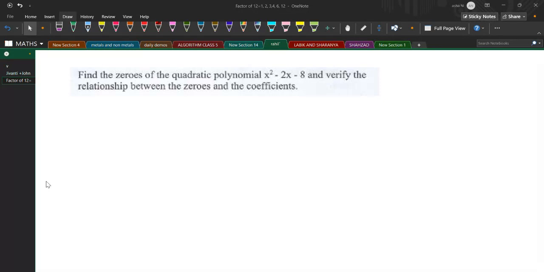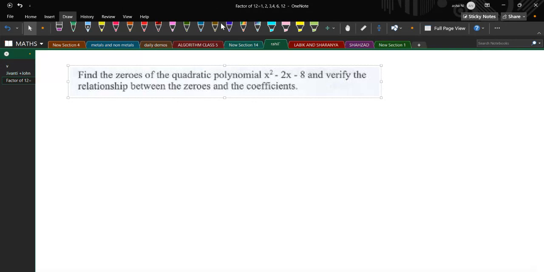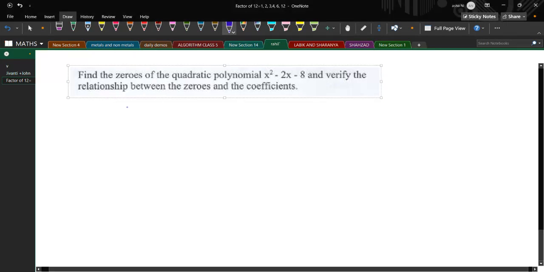What will we do here? We will split the middle term. First we will find the zeros of the polynomial. Splitting the middle term, x square minus 2x minus 8.